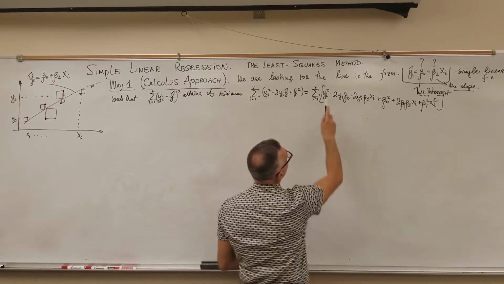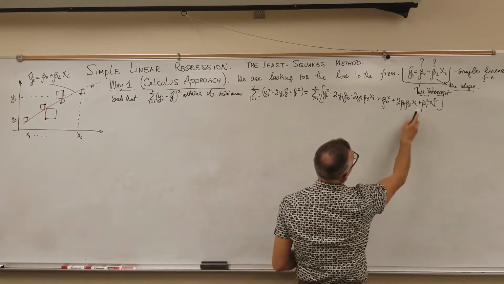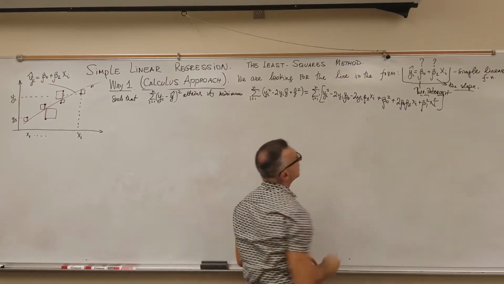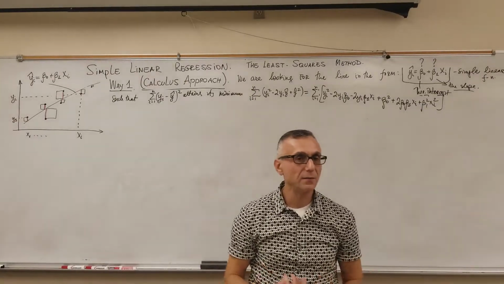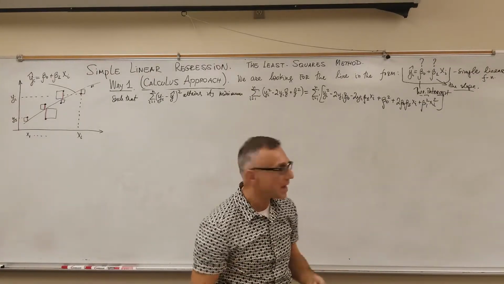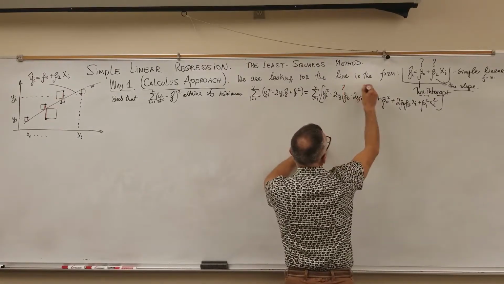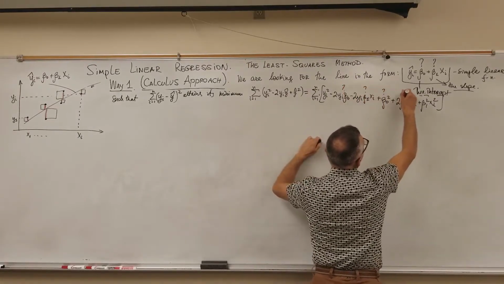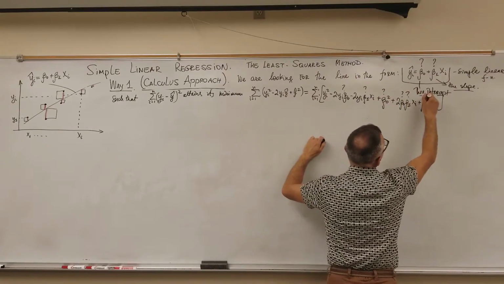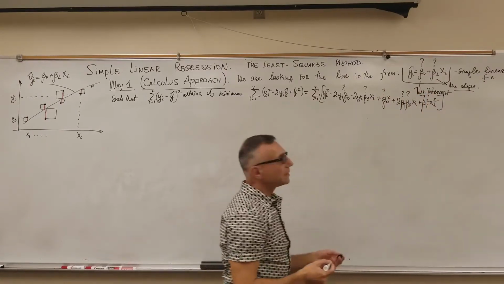And again, the xi's and yi's are all given values. They're not variables. They're given observations. What's unknown? Beta 0 is unknown. Beta 1 is unknown. Those are my variables in this case, the slope and intercept.